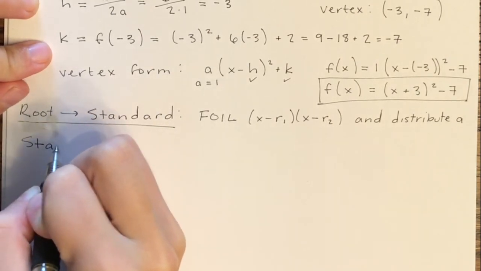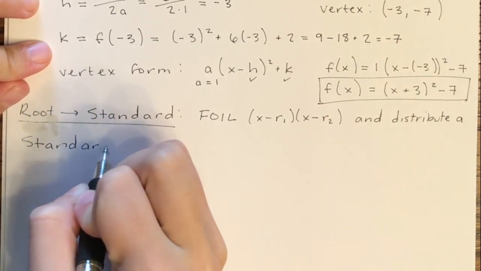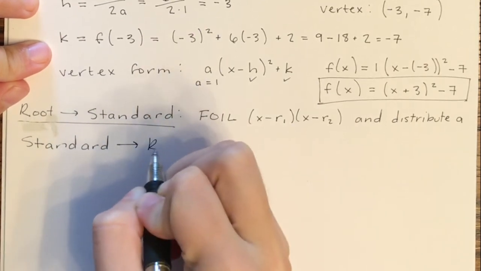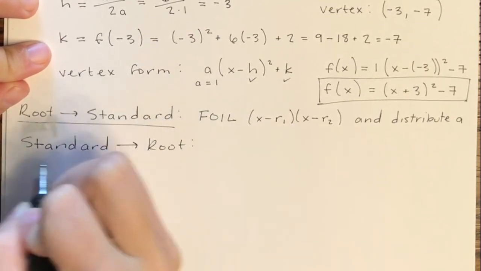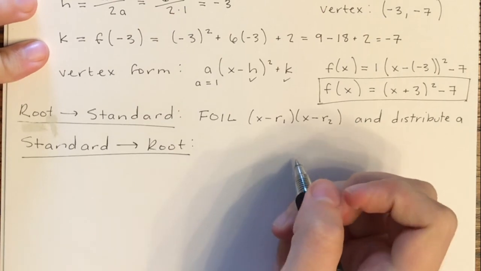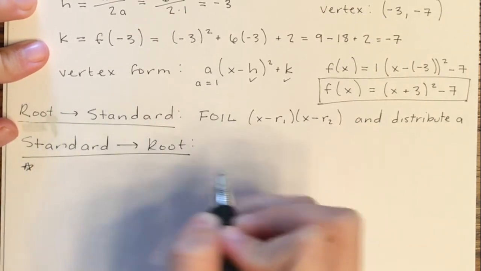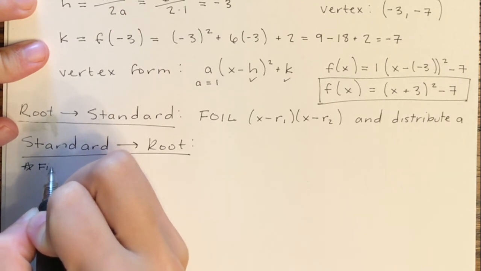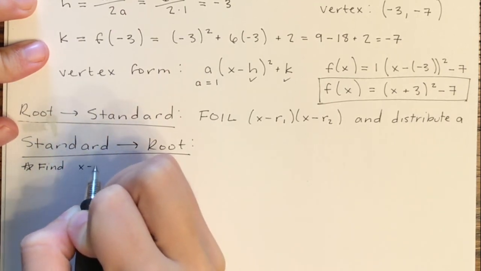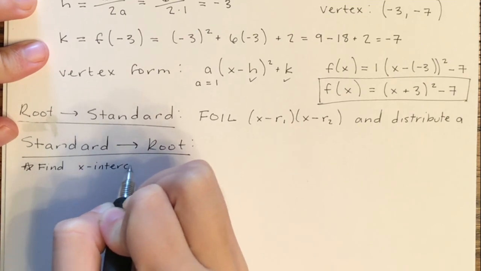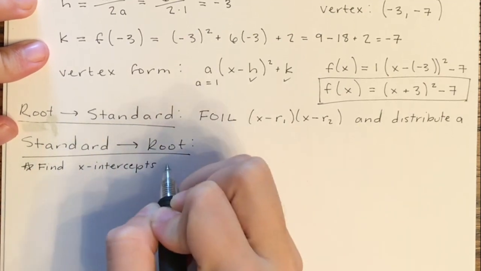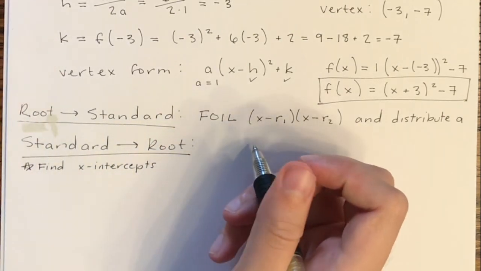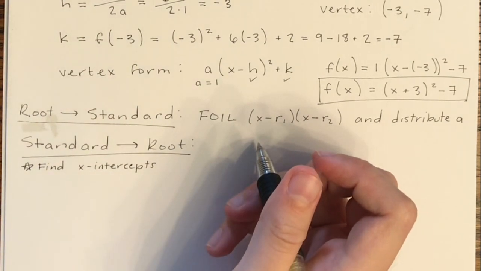Now, converting from standard to root form is interesting. If we think about it, this is actually how we find the x-intercepts of a function that's in standard form, right?